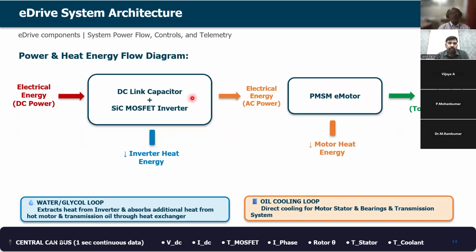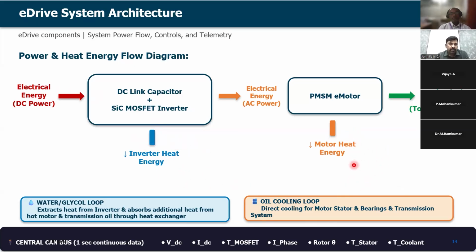The main aspect that we also capture is how the thermodynamics works here, that is, how the power and heat transformation happens from electrical energy to mechanical energy. We also see how much energy is consumed, or transformed, at each level, from DC power to AC power, and from AC power to mechanical torque, and how the heat losses are generated from both the inverter and the motor.